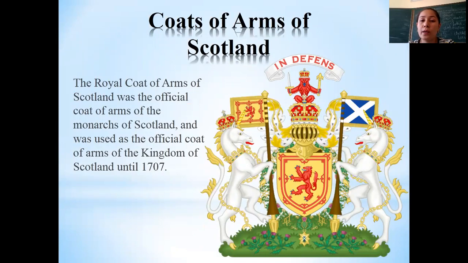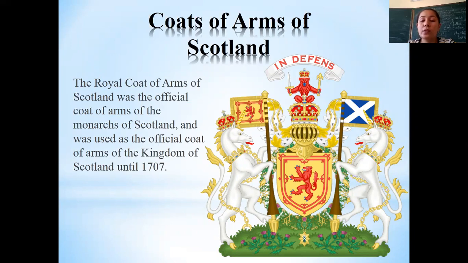And the third one is the coat of arms of Scotland. As you see, the royal coat of arms of Scotland was the official coat of arms of the monarchs of Scotland and was used as the official coat of arms of the Kingdom of Scotland until 1707.